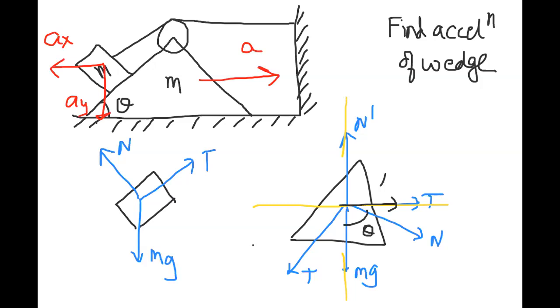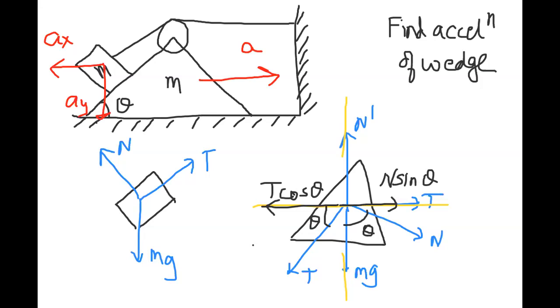So this must be N sine theta. And T is parallel to the incline, so it must make an angle theta with the horizontal. So this must be T cos theta. Again, I'm not interested in the y wala equation because that will introduce another variable N dash, which I don't want to deal with.